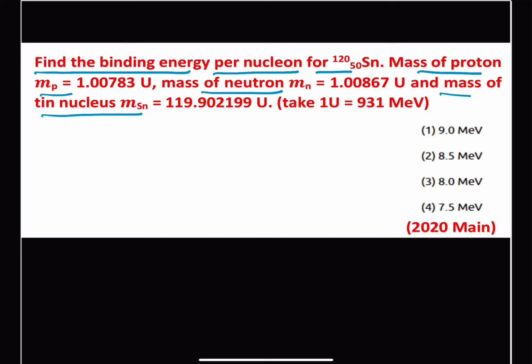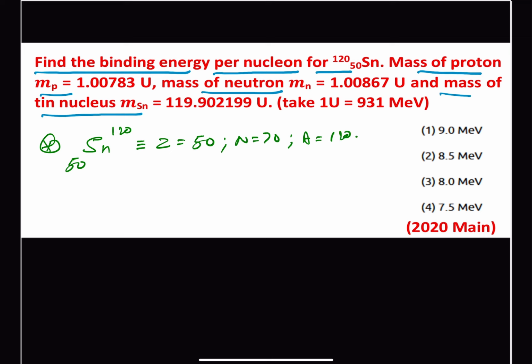So we are given this as Sn, and we have this as 120 and 50. So from here we can say our Z will be equal to 50, N will be equal to 70, and our A will be equal to 120.